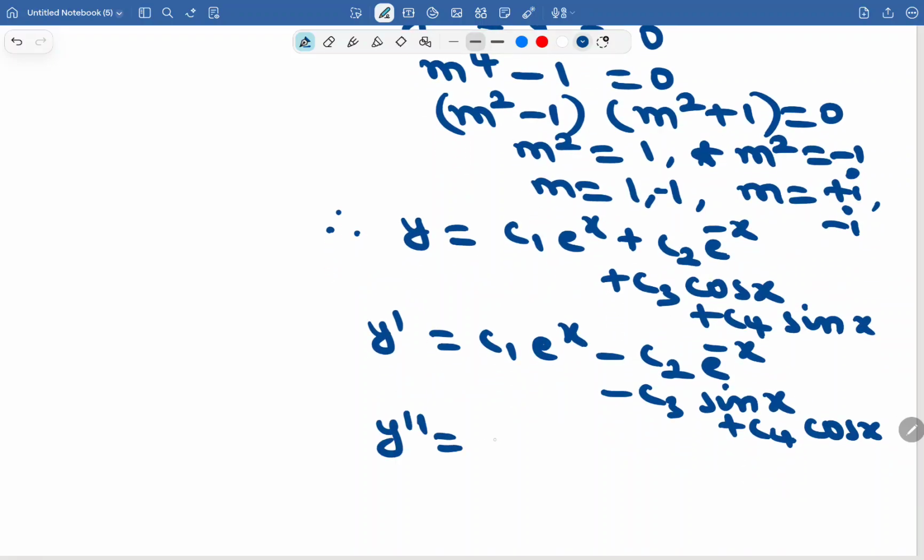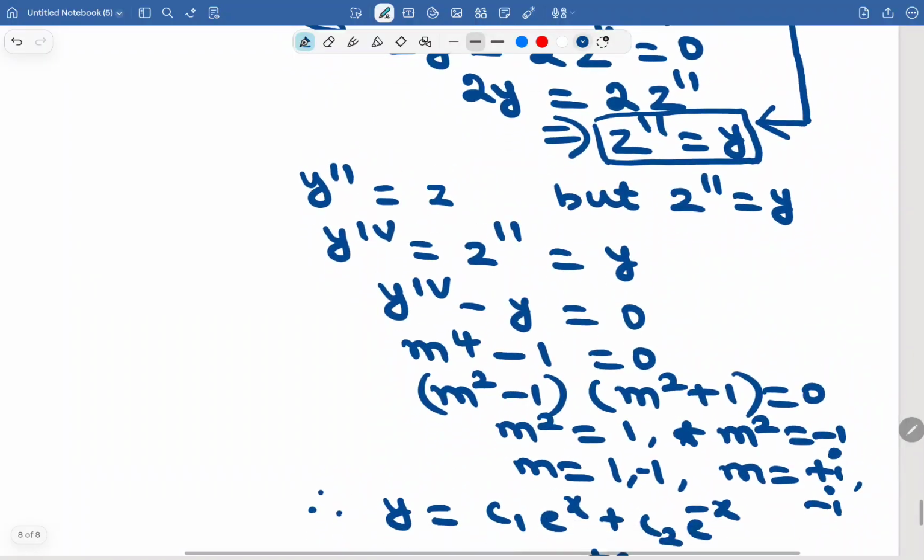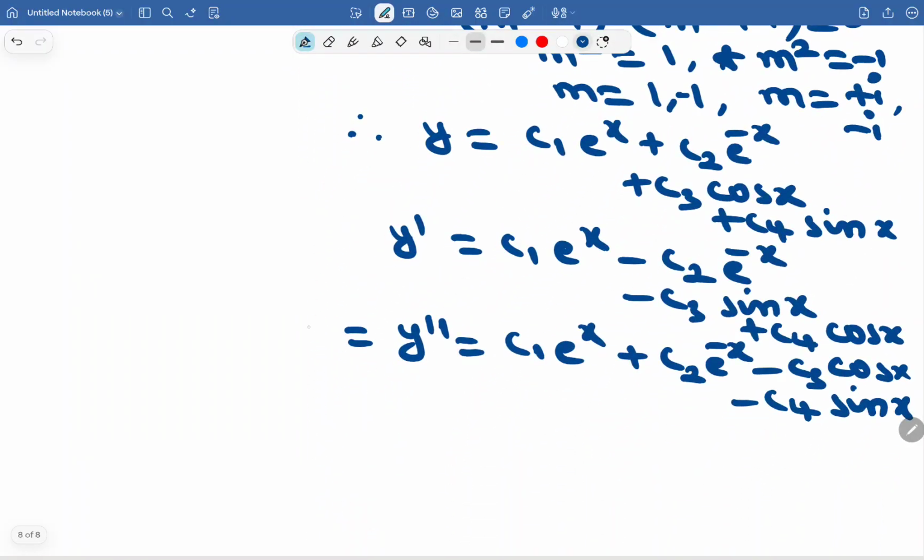What is y double dash? c1 e power x plus c2 e power minus x minus c3 cos x minus c4 sin x. Since y double dash is nothing but z, this is z. We found y, and here we find z. This is y equal to c1 e power x plus c2 e power minus x plus c3 cos x plus c4 sin x. This is z, equal to c1 e power x plus c2 e power minus x minus c3 cos x minus c4 sin x.